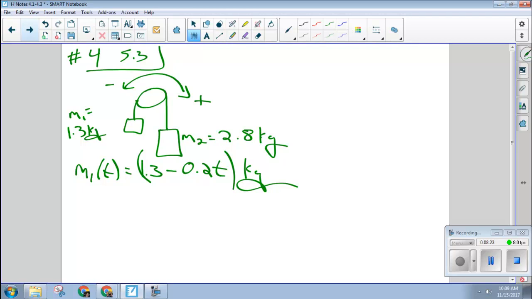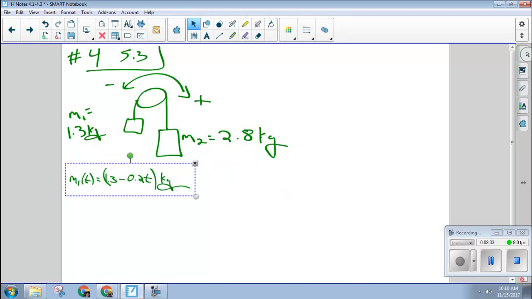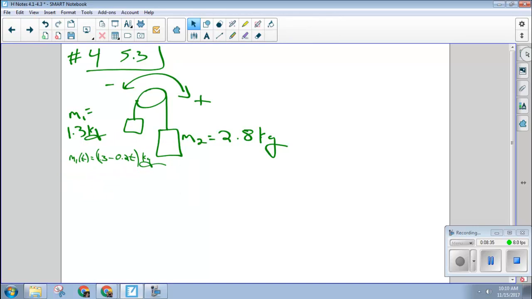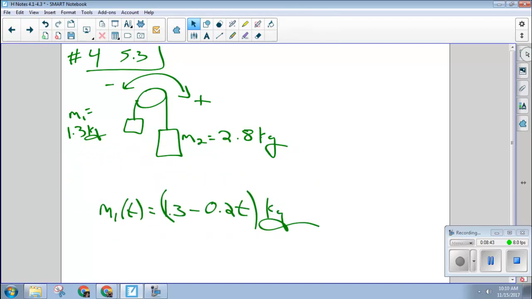Does that make sense? Is anybody confused about how I got that? What was in the parentheses after m? Oh, t, as a function of time, because the mass changes as time goes on. Everybody good?